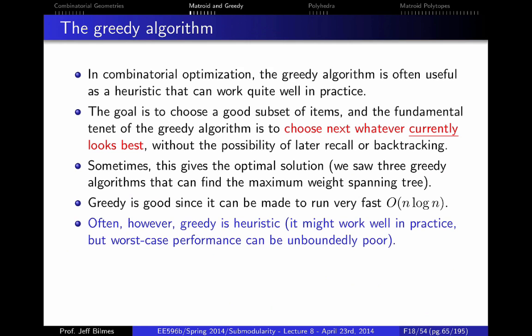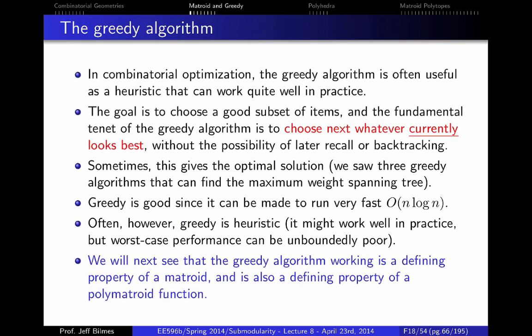But on the other hand, greedy is a heuristic, and it might work poorly in certain cases. In fact, it's not so hard to show examples where greedy can give you an unboundedly poor solution. For example, supermodular optimization: greedy is unboundedly bad on a supermodular function. But what we're going to see is that greedy and matroids are inextricably intertwined.